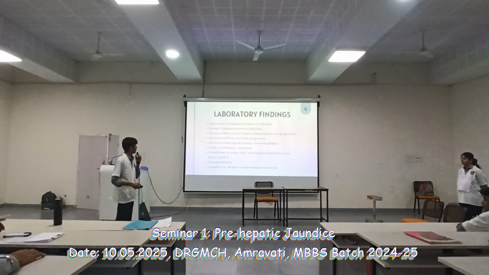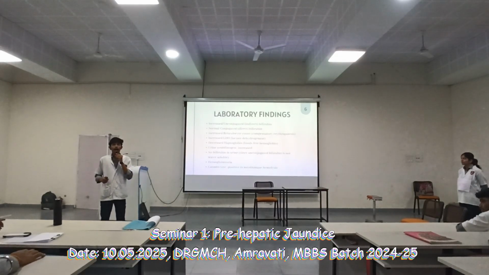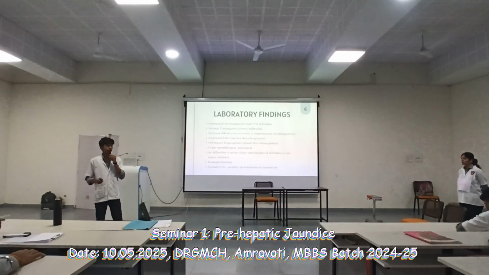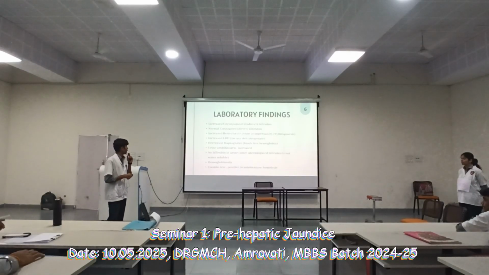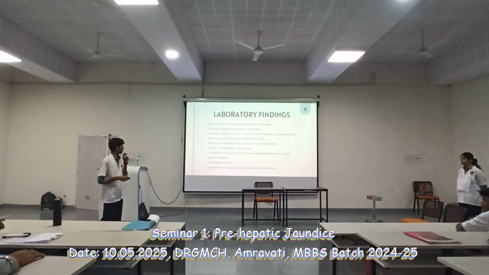Then there is a decrease of haptoglobin, as haptoglobin binds with free hemoglobin and prevents the toxic effects of free hemoglobin, such as oxidation, which may result in damage of kidney. As a result, haptoglobin binds with excessive hemoglobin, thus the level of haptoglobin in blood decreases. Then urobilinogen increases.